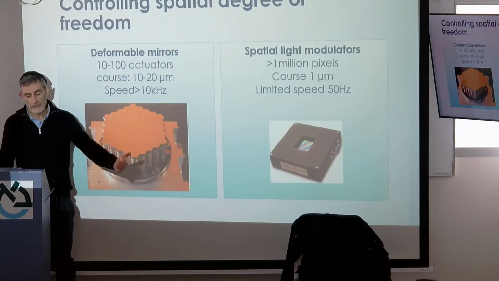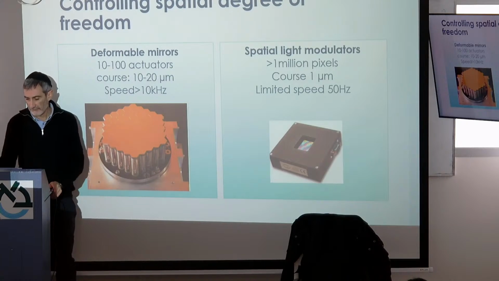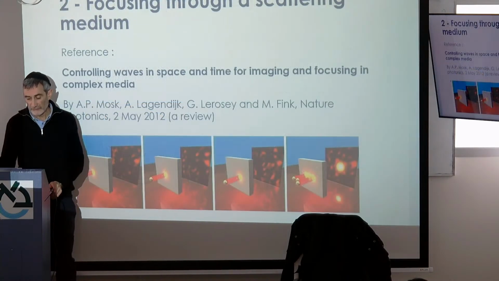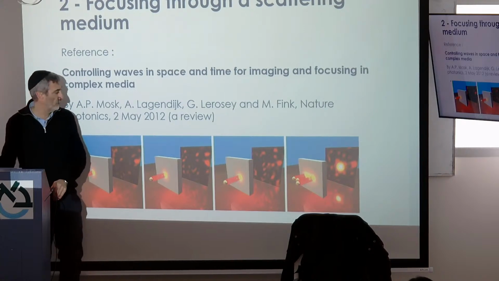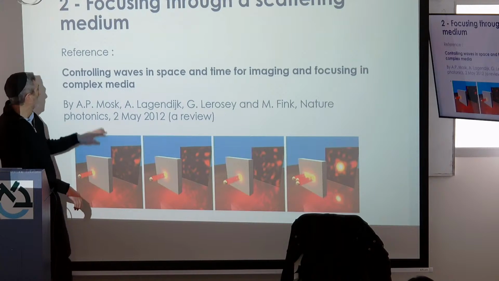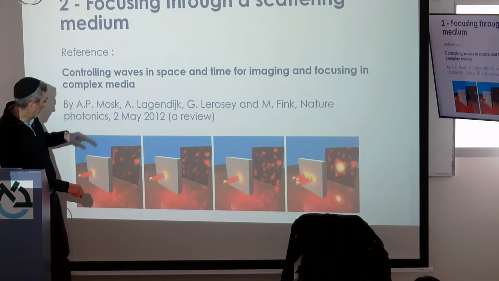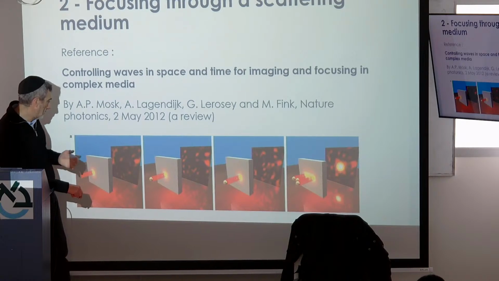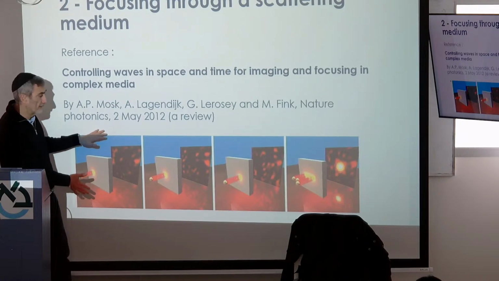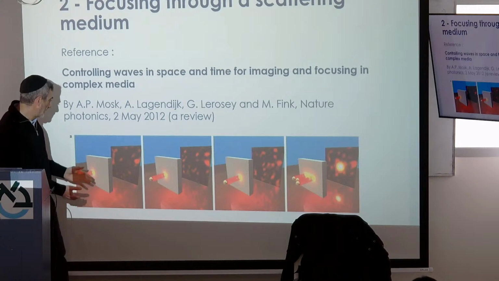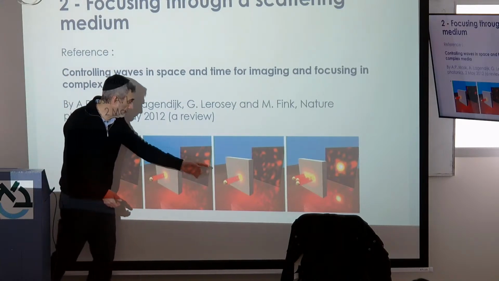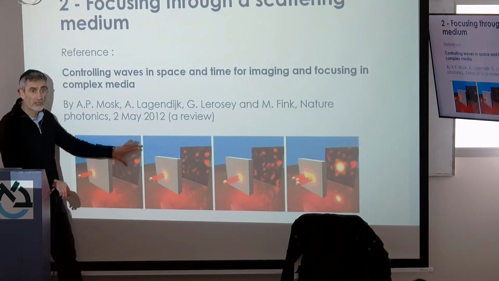Let's go now into strongly scattering media and see how we can use the same principle to image through complex media. So, focusing through a scattering media, we have some reference here. The idea starts from the fact that if you shine light on the disordered system at one position, and then at another position, you see that the speckle changes.